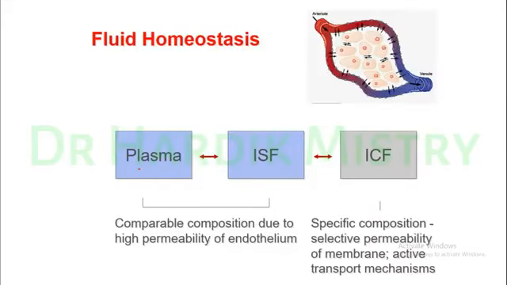Fluid homeostasis. What is homeostasis? It is the maintenance of the internal environment of the body or the cell at a constant level. There is a continuous exchange of fluid between plasma, interstitial fluid and intracellular fluid. These two are the extracellular fluid, and this is the intracellular fluid.